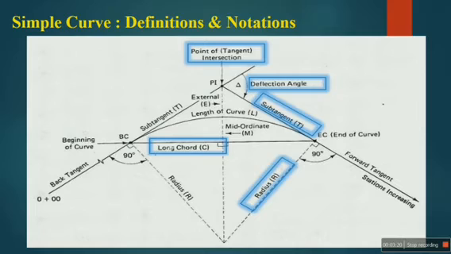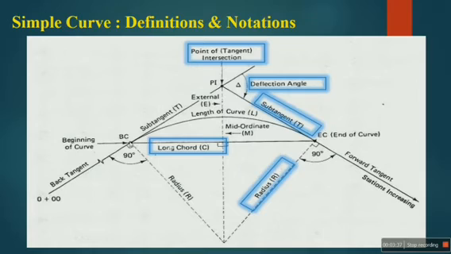Similarly, tangent distance. It is the distance between the point of curve and the point of intersection. This is the point of curve and this is the point of intersection.